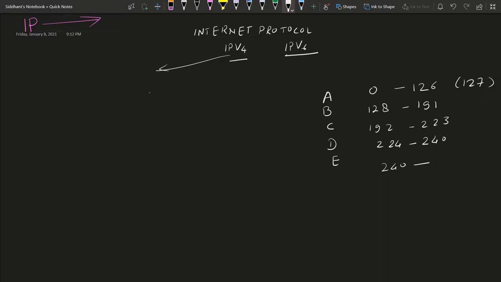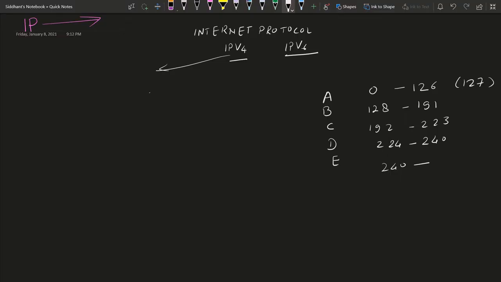So we need to start from the basics and then we need to go to the advanced for the CCNA. So let's start our discussion with the IPv4 addresses.